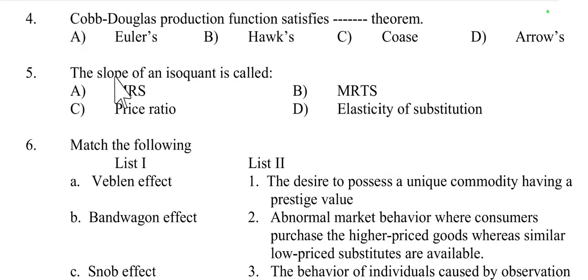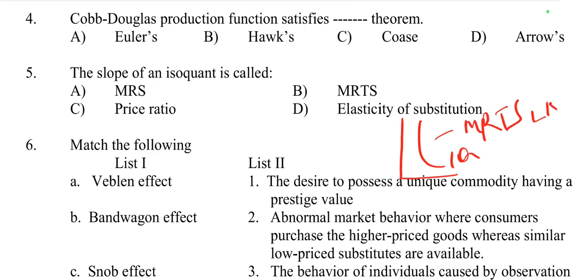Then question number 5. The slope of an isoquant is called MRTS, marginal rate of technical substitution. So the right option is MRTS. What does MRTS represent?